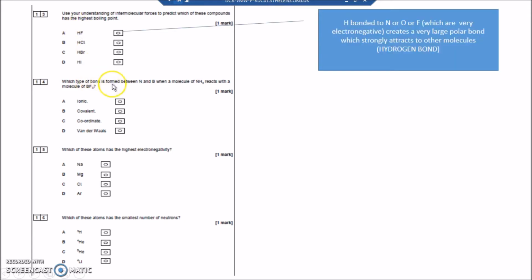Which type of bond is formed between N and B when a molecule of NH3 reacts with a molecule of BF3? Well, NH3, N is in group 5, it's got 5 electrons in its outer shell, it's got 3 bonding pairs, it's got a lone pair left over. After the 3 bonded pairs, 3 electrons go into the bonded pairs, because it's in group 5 and got 5 electrons, it's got a spare pair of electrons, a lone pair of electrons.